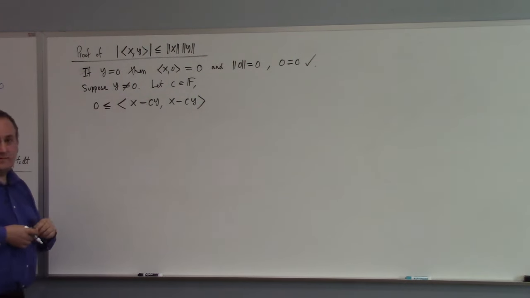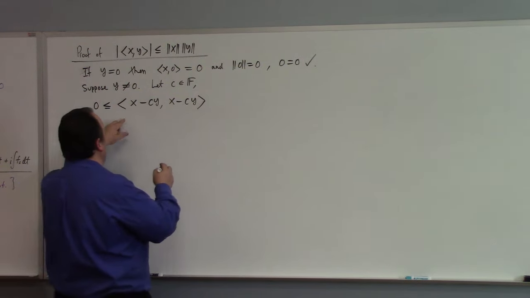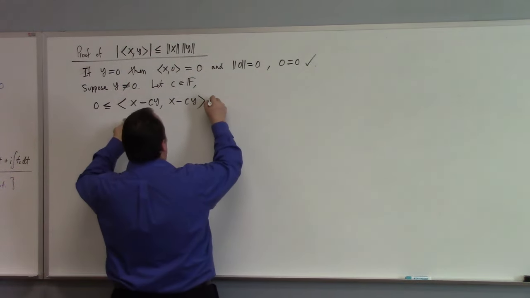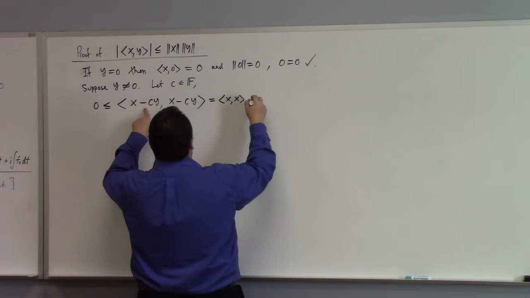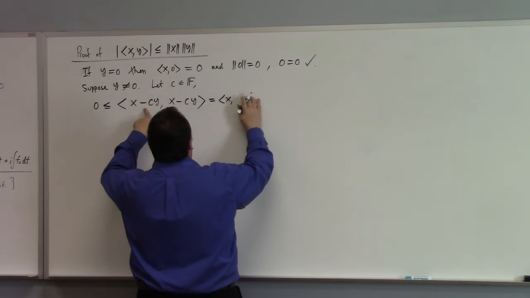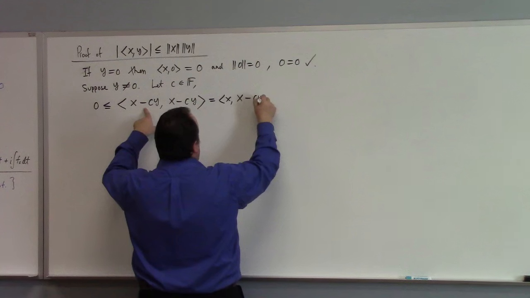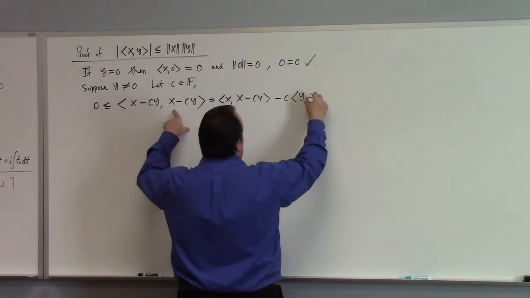Okay. But now we can use the properties of the inner product to expand this thing, right? This is equal to, well, we've got x with x. I'll do it in 2 steps. So x with x minus cy, minus c times y with x minus cy.